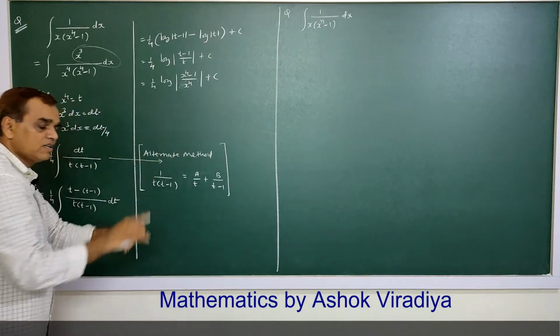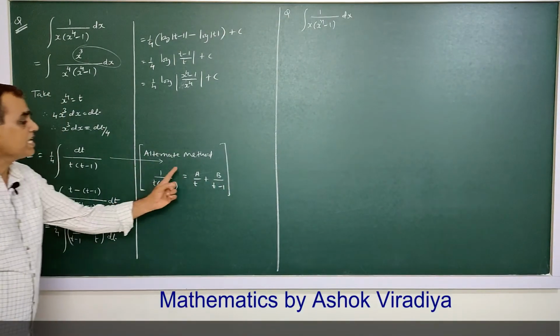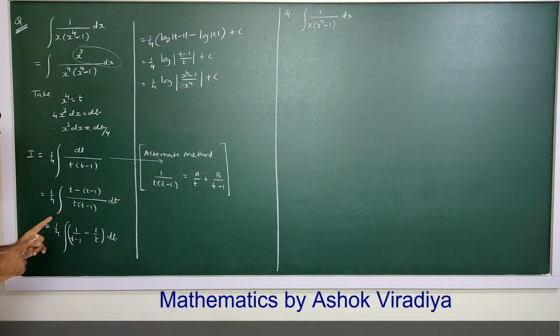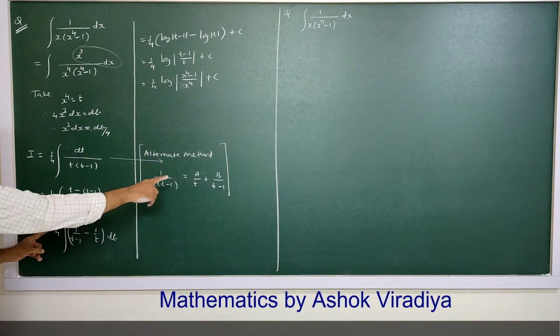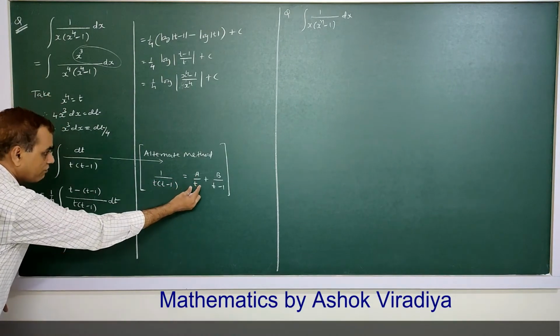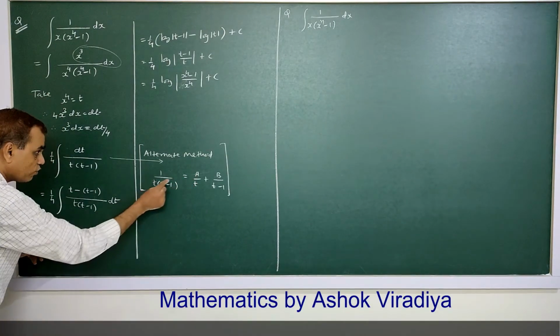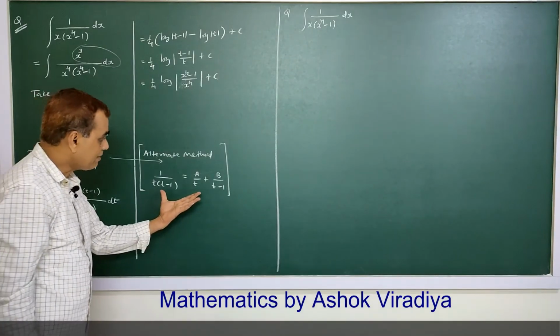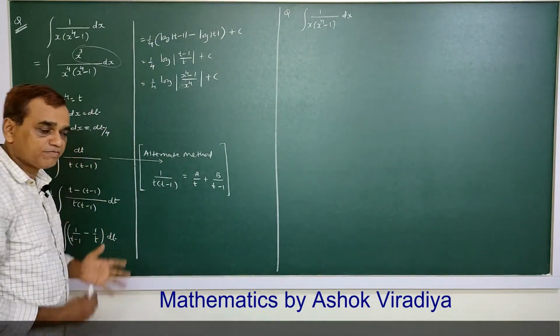By this method also a and b can be found. A will be coefficient of 1 upon t, so a will be minus 1 by 4 and b will be 1 by 4. So this is the alternate method. By this method also it can be solved.